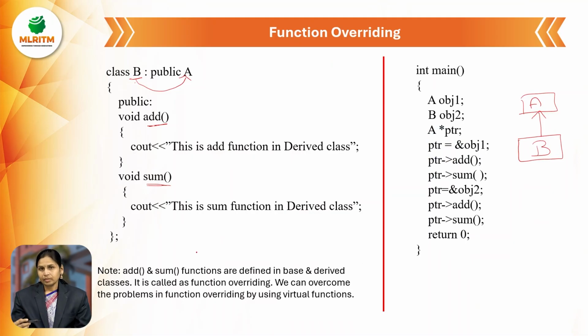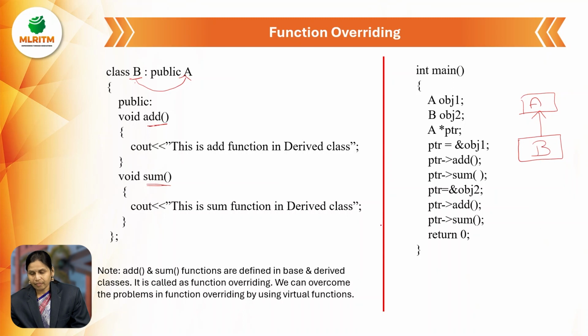Here we are overriding the add and sum functions. Same type of functions with no difference, used in both parent and child. This concept is called function overriding. Note that add and sum functions are defined in both base and derived classes.